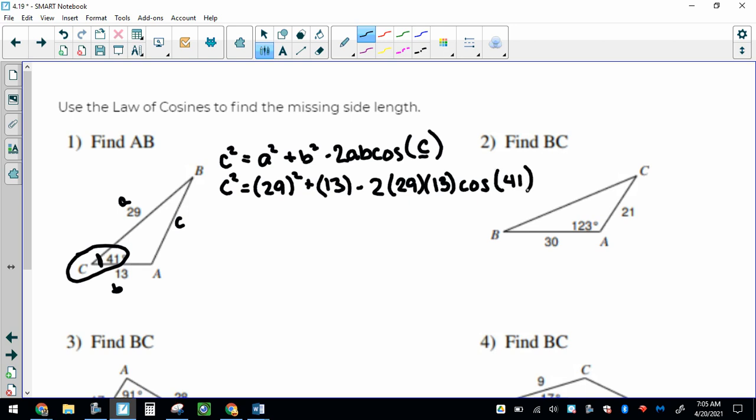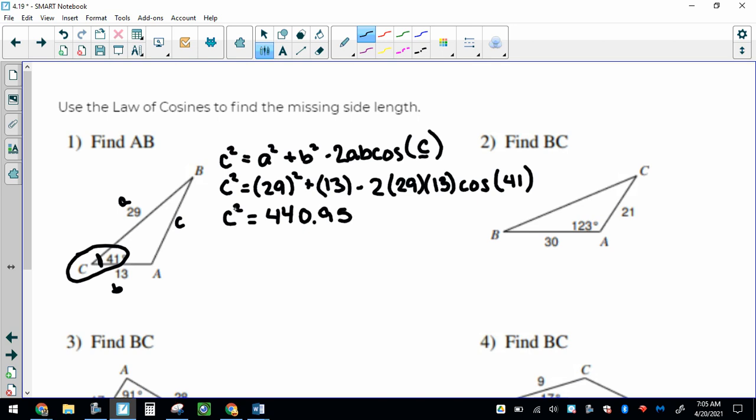Now look at here, everything is on this side of the equation. So I can type all of that into my calculator, or Desmos, I would use Desmos for this. You can type it in exactly the way it looks. Minus 2, 29, 13, cosine 41. We're going to get c squared equals, when I typed all this into a calculator, I got 440.95.